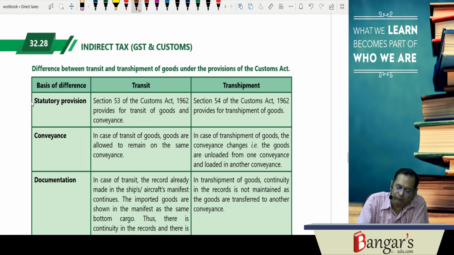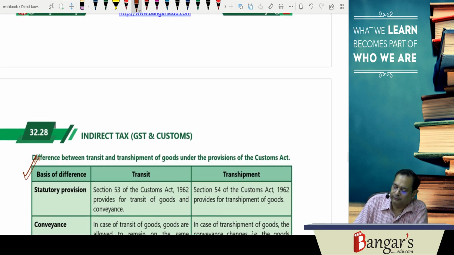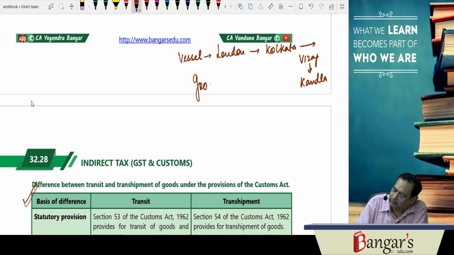Now the difference between transit and transshipment is asked. Say a vessel comes from London port, it calls at Kolkata, then from there to Vizag, and then to Kandla, and goods remain in the vessel.